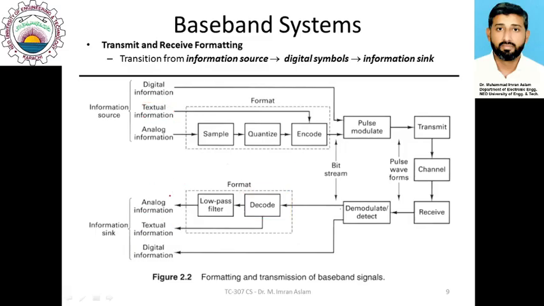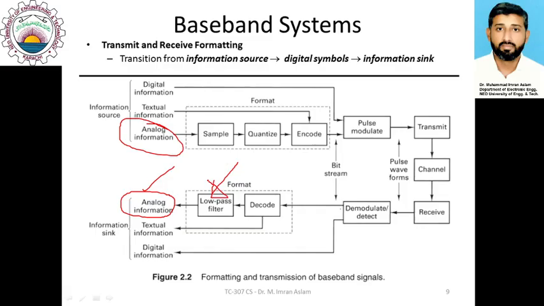If we transmitted analog information from the transmitter side, of course we would need the analog information at the receiver side, say for example the voice signal. In that case we need to incorporate a digital to analog converter in the analog systems. That digital to analog converter is basically implemented by using a low pass filter.